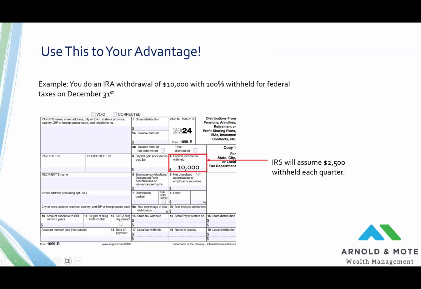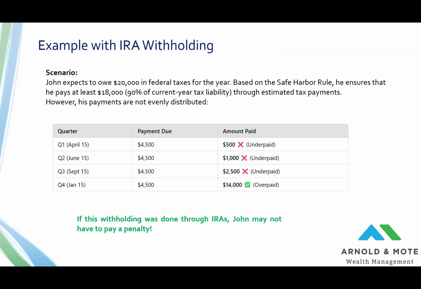This is what your 1099 is going to look like. It does not detail when that withholding came out. The IRS is just going to split this number in box 4 up and apply that quarterly. And this can be a great way to help fix under withholding during the year.